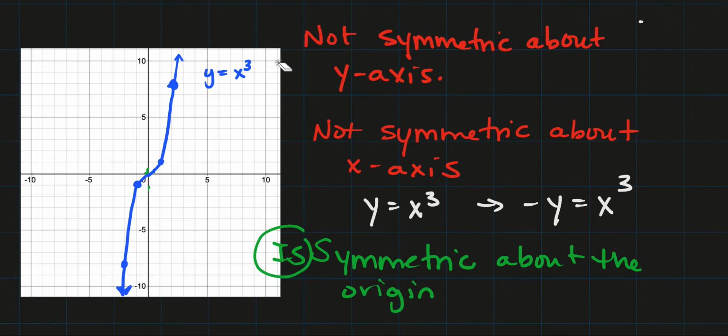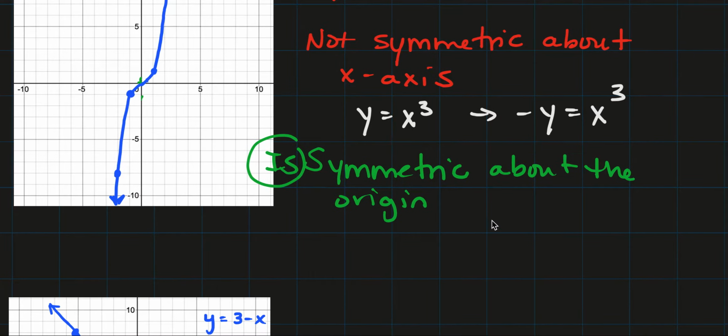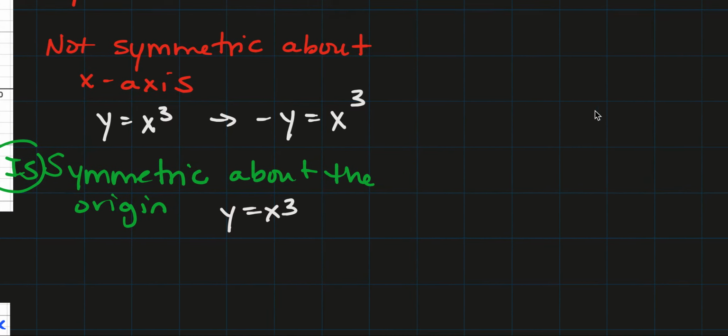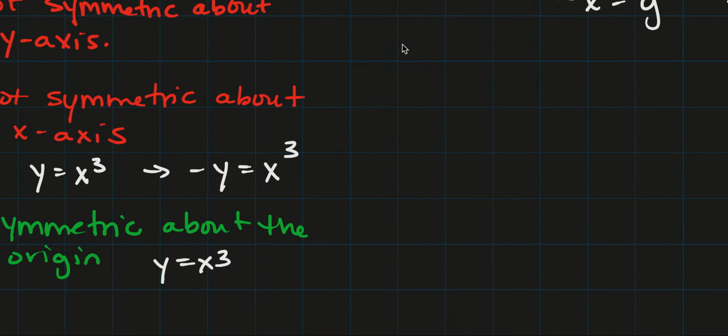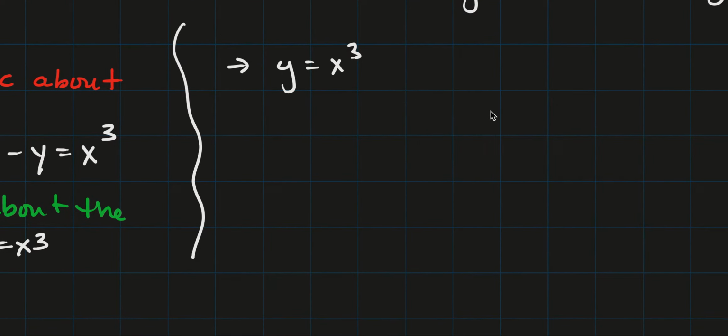Now we can also test this by using the equation. So the equation was y is equal to x cubed. Let me move this over here so we can not see any part of the other graph here. How we test if something's symmetric about the origin is if we plug in negative x for x and negative y for y, and we get the same equation.